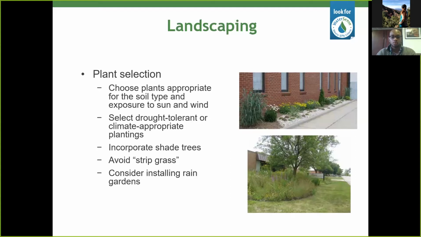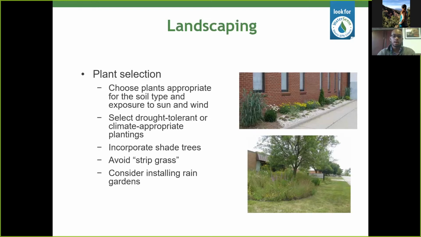Shade trees are really helpful as well and can help to keep the landscape cool. Strip grass, especially next to sidewalks, you want to minimize the use of that as much as possible since those areas are difficult to irrigate efficiently. They're more prone to have overspray or just irrigation that's not perfectly tuned to just that strip of grass area.